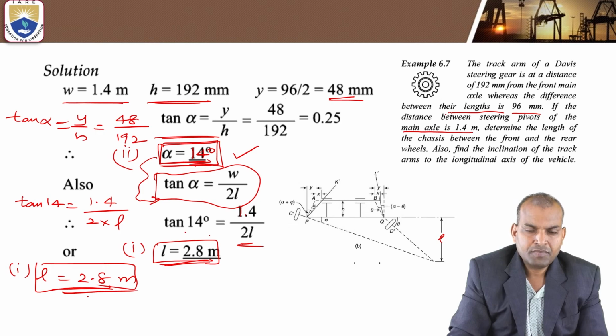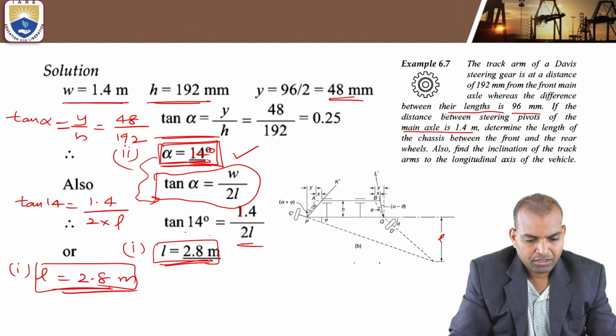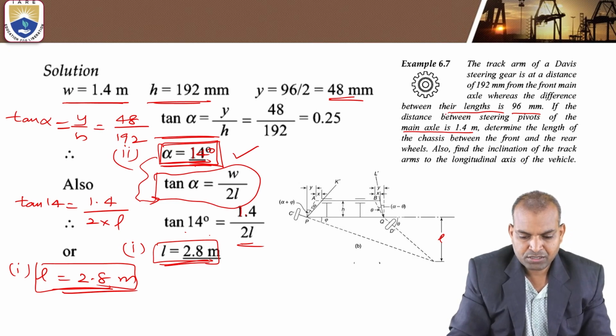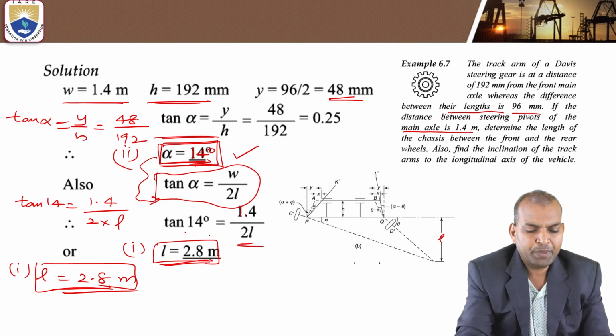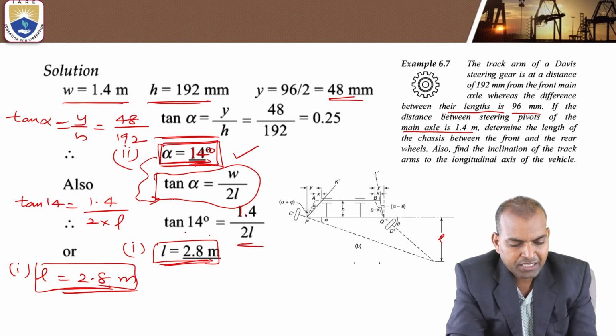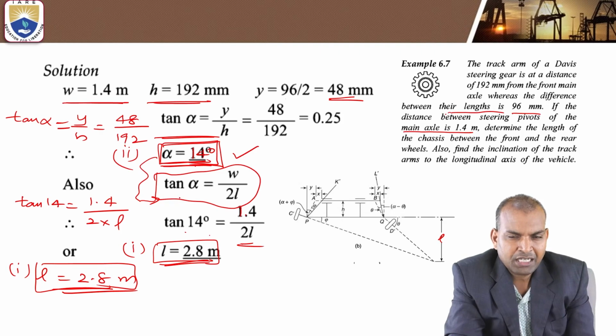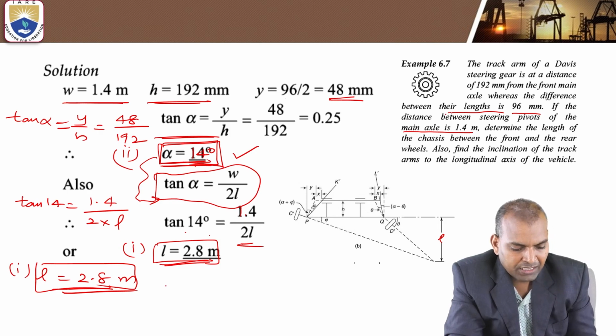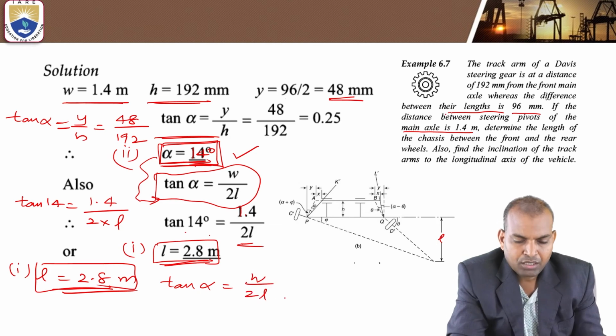Okay. Now these are the questions we solved on the front wheel axle. And again, let me summarize. If you want to design this Davis steering gear mechanism, then what are the parameters required?